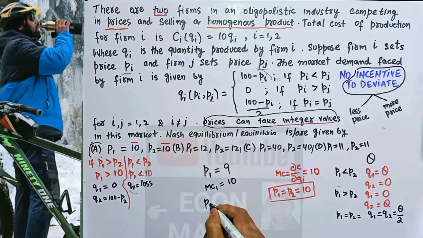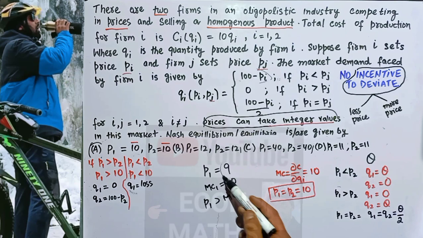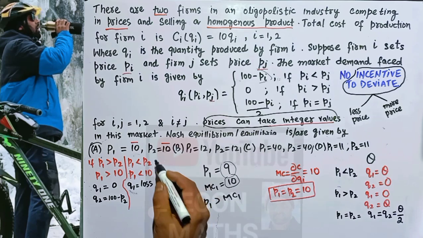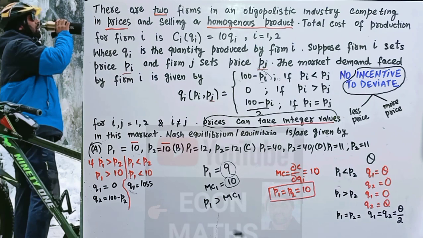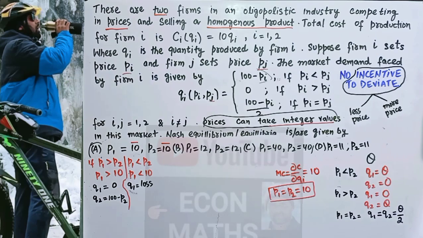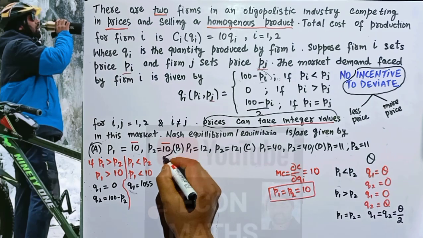Since price is less than marginal cost, firm 1 will be making a loss here, isn't it? So is it suitable for firm 1 to charge less price? No, it is not suitable, because he is making a loss in this case.